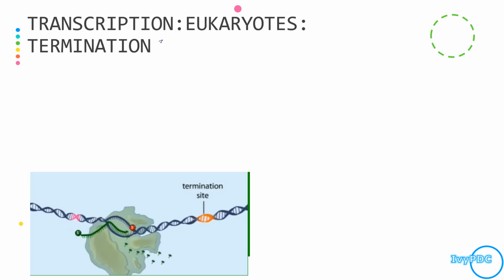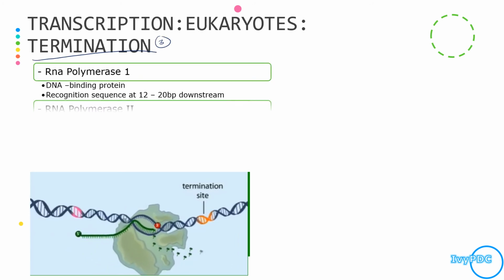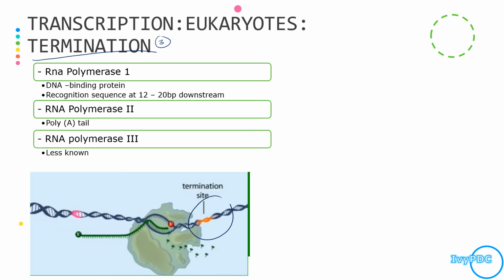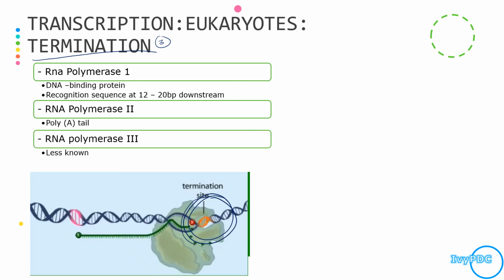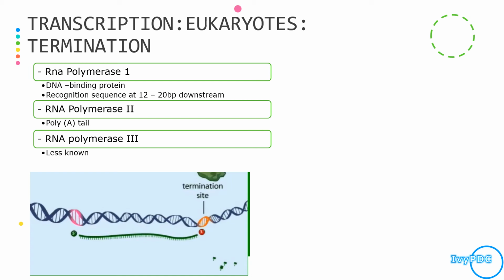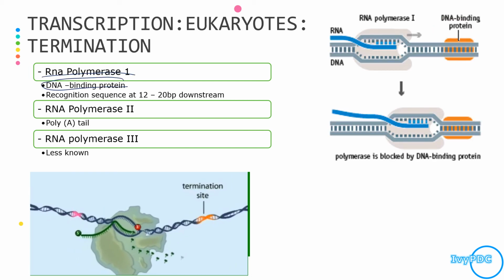And the third step for eukaryotic transcription is termination, where a termination site is seen. And this termination site would be different for the different RNA polymerase that is used. So for example, for RNA polymerase 1, we use a DNA binding protein.